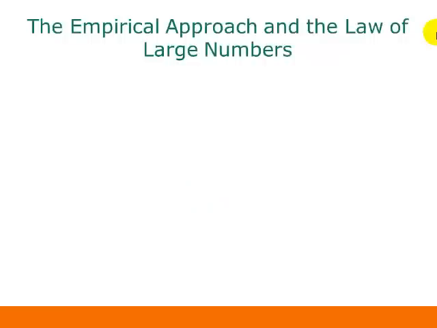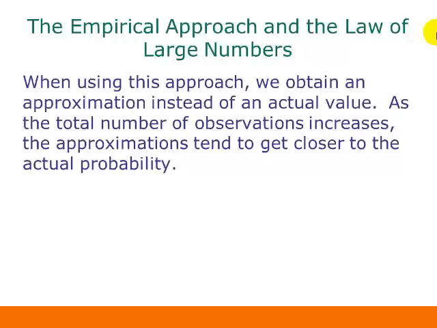Now let's look at the empirical approach and what it has to do with the law of large numbers. When we're using the empirical approach, we obtain an approximation instead of an actual value. And as the number of observations or the number of repeats of our procedure increases, the approximations tend to get closer to the actual probability.